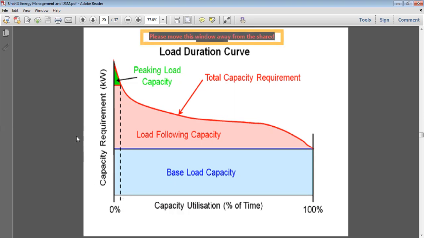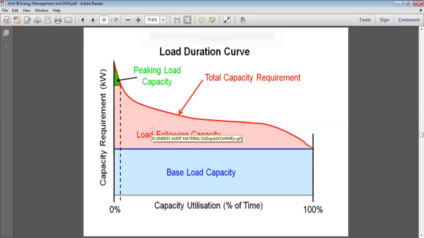So this will help to schedule different combinations of generating plants also. As we have already learned in power systems and power plant engineering, load scheduling between different types of generating units, such as thermal and hydropower scheduling, thermal and peak loading, pumping load, pump storage power plants, can be used for those purposes.